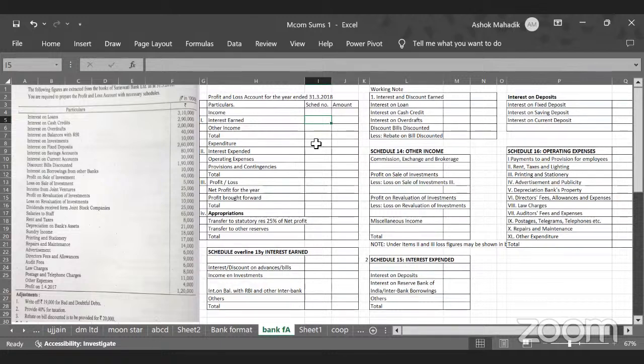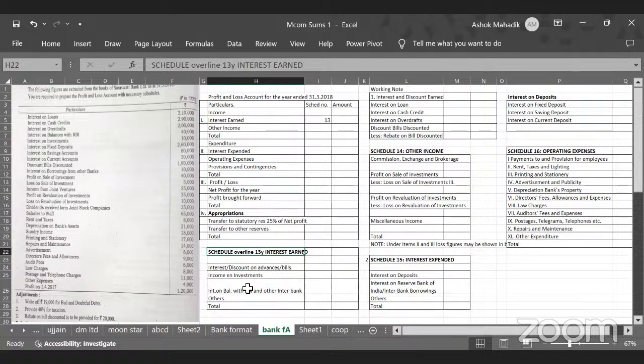So for interest earned, you have schedule 13. All interest, the total will come against this 13 number. But for that, we have to make a separate schedule called schedule number 13. You can see below the P&L we have schedule number 13, interest earned.